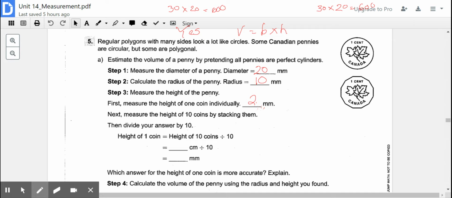So the height of 10 coins stacked is 20 millimeters, so that's 2 centimeters divided by 10. 0.2? I'm just figuring this out here. Give me a second. Oh, I made a mistake on the other one there. If it's 2 centimeters divided by 10, it's 0.2 centimeters, which is equal to 2 millimeters, not 0.2 millimeters. That looks better.